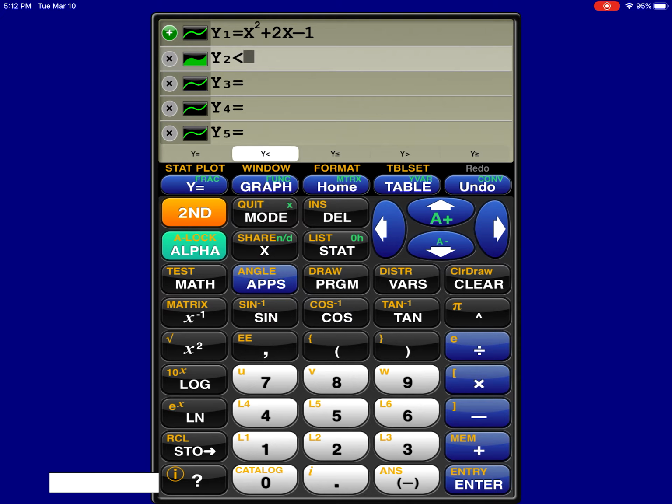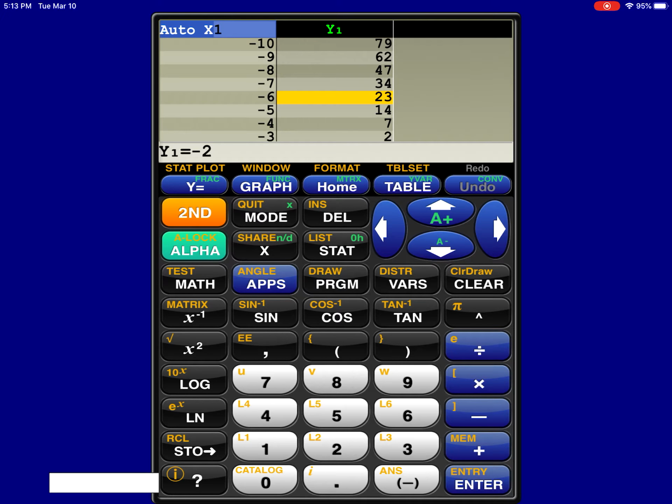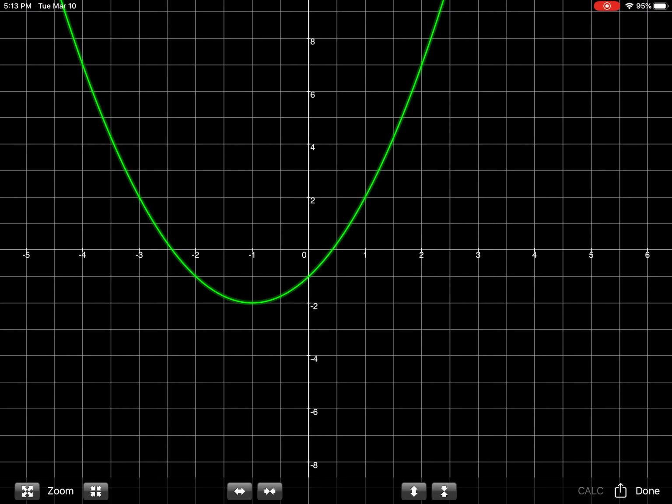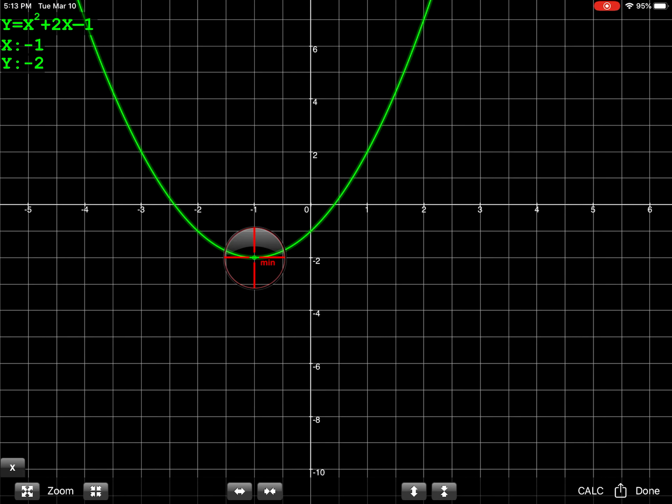It may not let me do this on here. I was trying to think if I could somehow change it, but it won't let me do x equals. I'm not sure how I can do a vertical line on the calculator. So we won't really be able to talk about that.